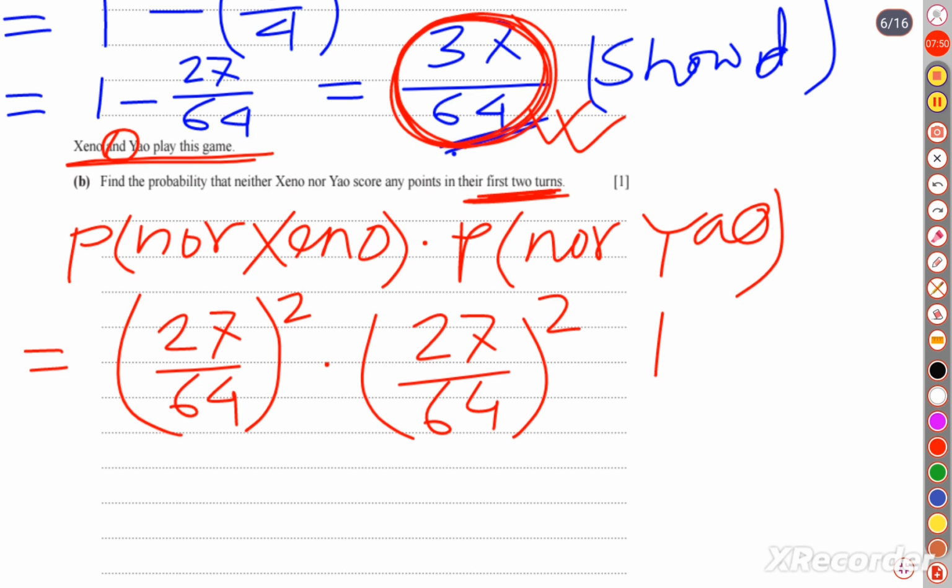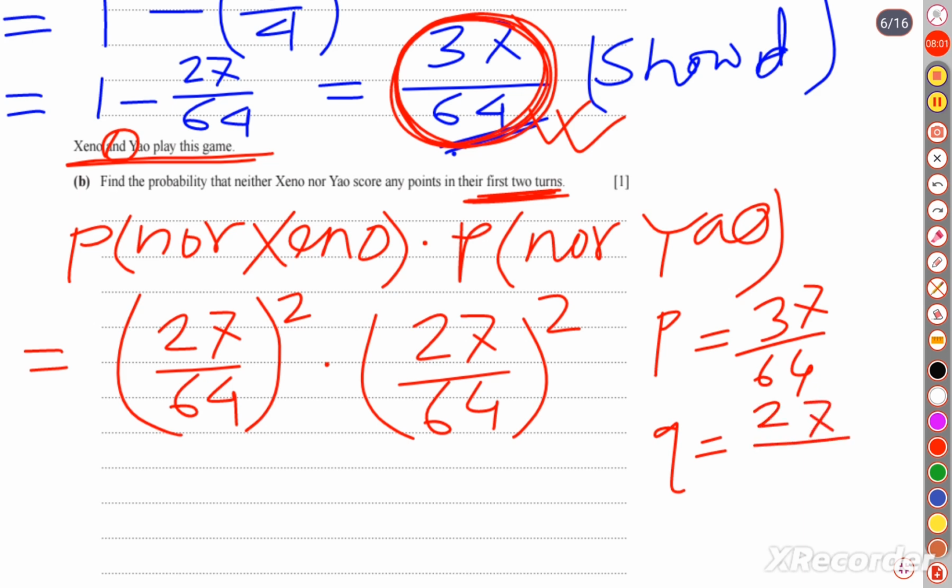So here our p was 37 over 64, and q, I mean failure, was 27 over 64. Now look at this, both of them failed in both of the trials, so it is all about failure. First Zeno failed two times, that's why this is the probability, and then Yao also failed two times.